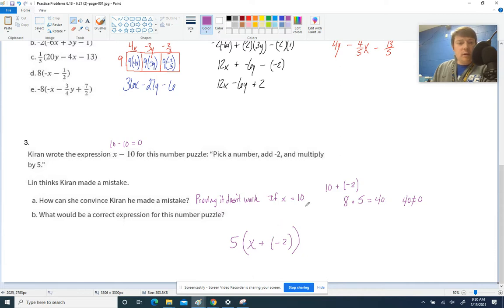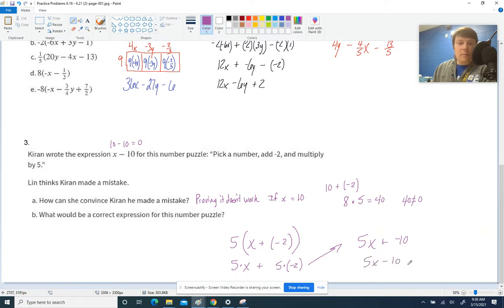And what he was trying to do, I believe, was distribute, but he forgot to distribute the 5 to the x. So instead of x minus 10, he should have gotten 5 times x plus 5 times negative 2, which would be the same as 5x's plus a negative 10 because 5 times negative 2 is negative 10, or 5x minus 10.